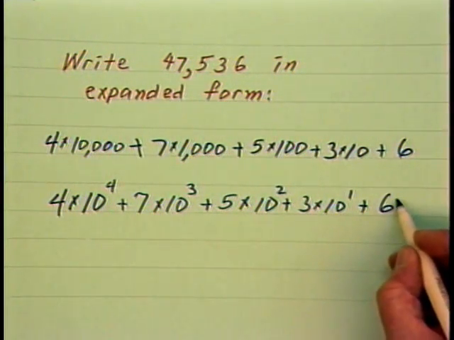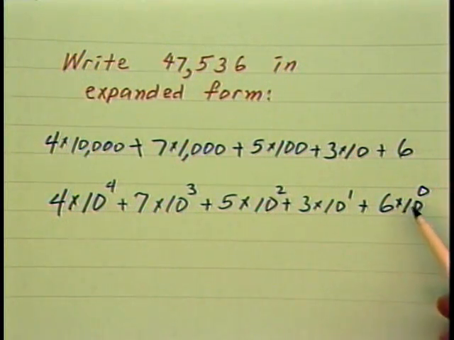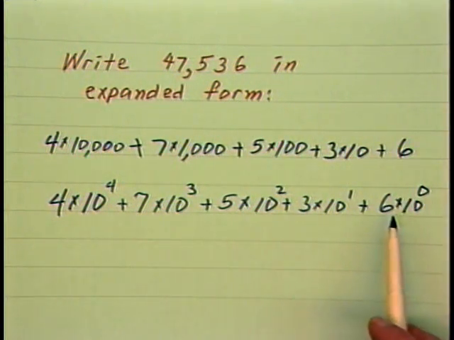If we wanted to, we could say 6 times 10 to the 0 power, because 10 to the 0 power is 1, and this indeed tells me I have 6 ones in this position.